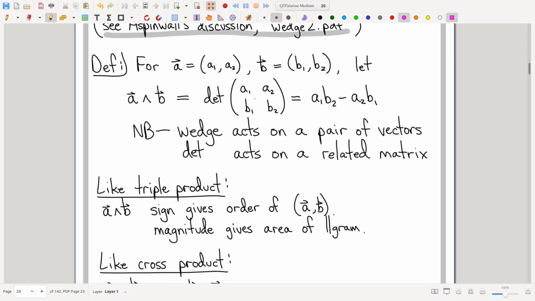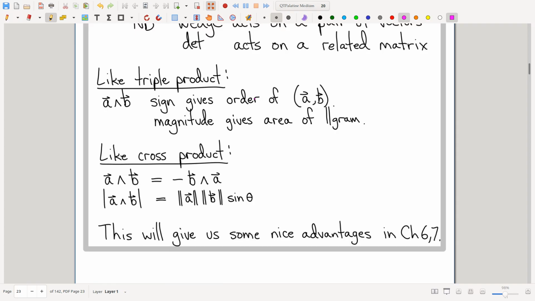So why do we care about the wedge product? Well, it's kind of a ripoff of the idea of a triple product in these ways. You can flip back through the notes and see that these are features of the triple product that we talked about. It's also kind of a two-dimensional version of the cross product in some ways, such as this.